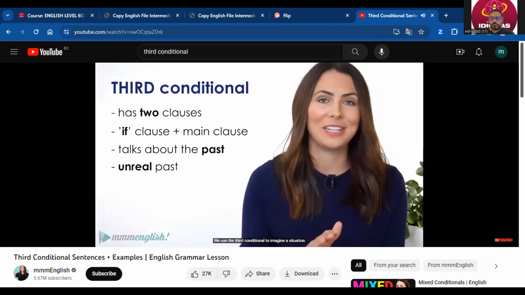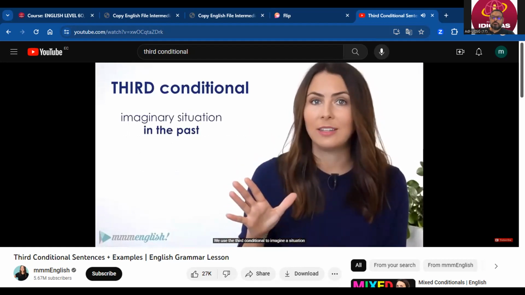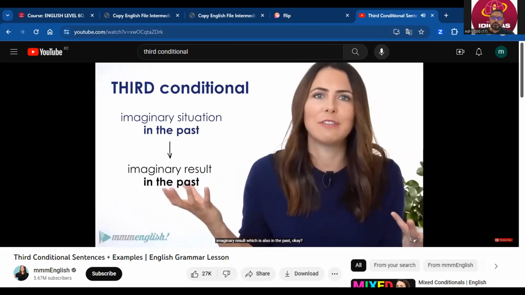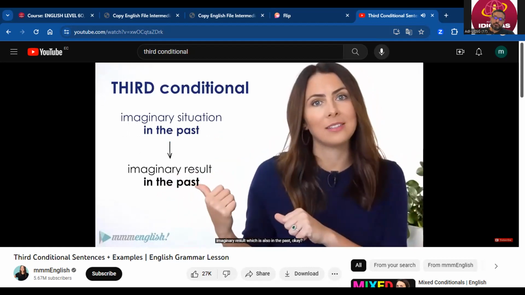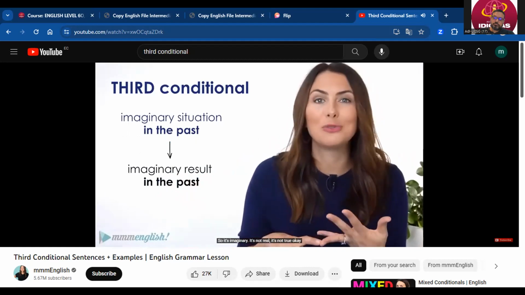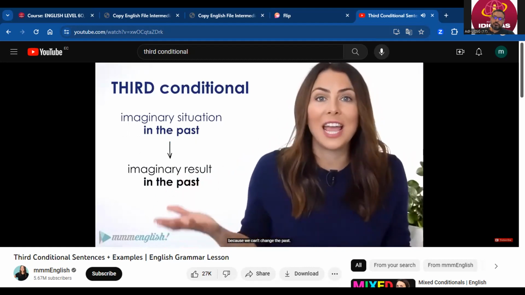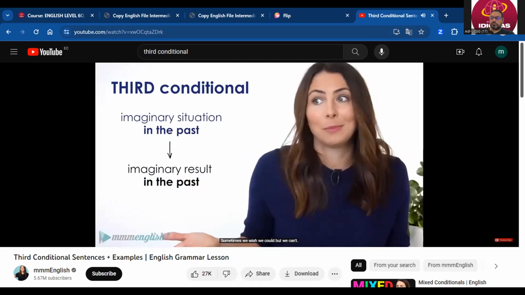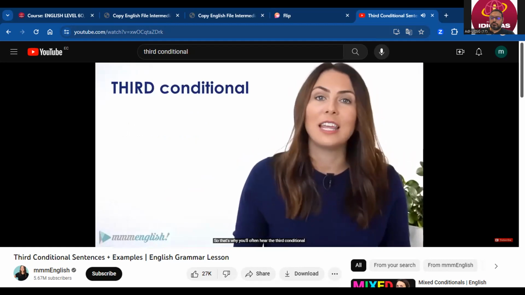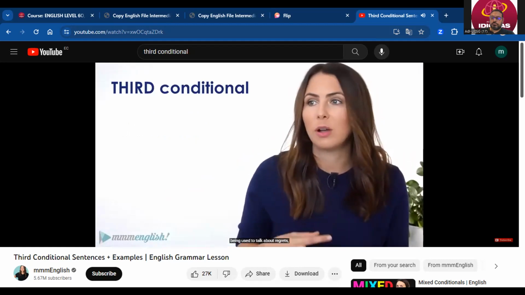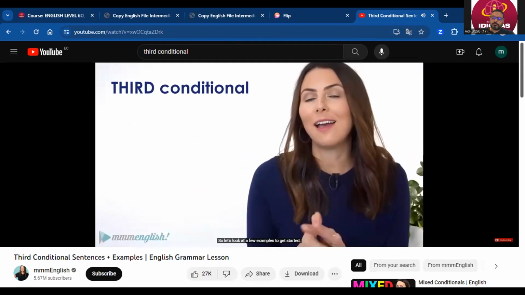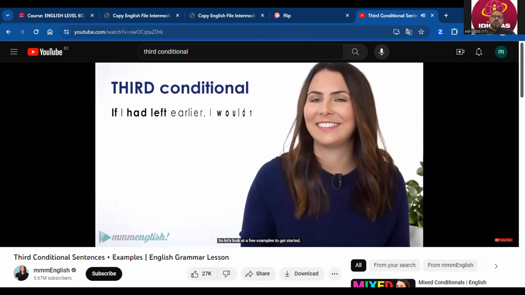We use the third conditional to imagine a situation in the past and the imaginary result, which is also in the past, okay? So it's imaginary, it's not real, it's not true, okay? Because we can't change the past. Sometimes we wish we could, but we can't. So that's why you'll often hear the third conditional being used to talk about regrets, things that we wish were different. So let's look at a few examples to get started.